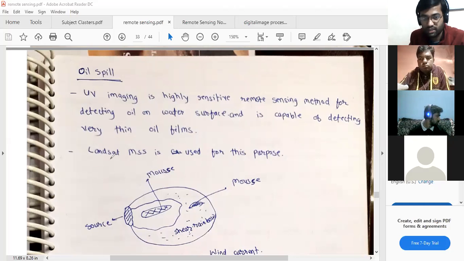Landsat MSS is used for this purpose. This is very useful. Clear? India has done one more thing.